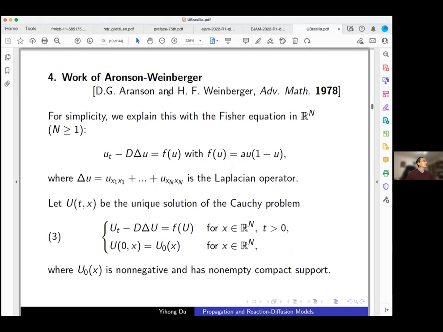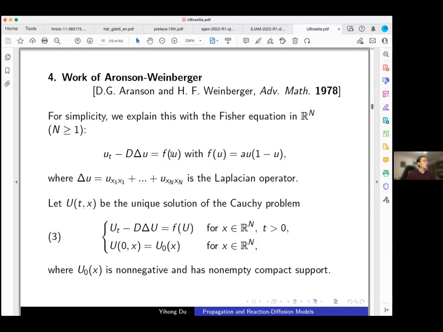And then these phenomena were rather convincingly proved by the result of Aronson and Weinberger from the University of Minnesota in 1978. They looked at a more general situation, not only in R^1, but in a general n-dimensional Euclidean space.